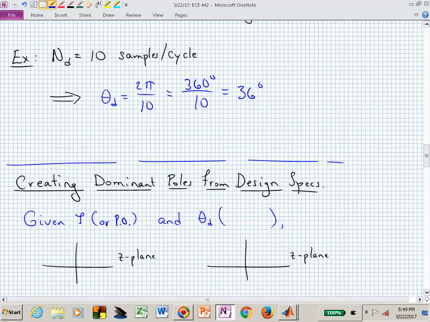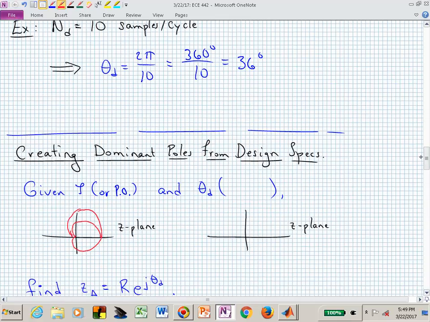Here, if we have percent overshoot, then we're thinking of hearts, so I have to do those in red. So there might be a particular zeta value, or we might have then a, those are not real healthy looking hearts, but you get the idea.